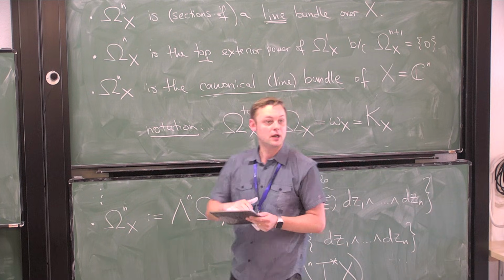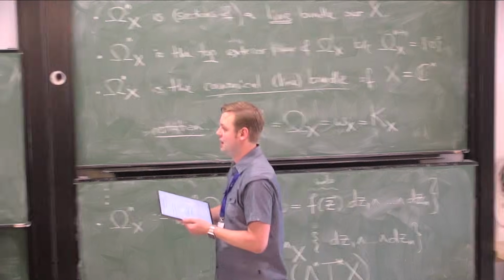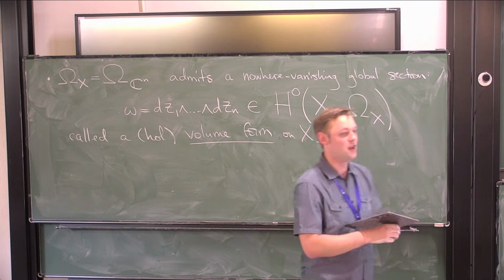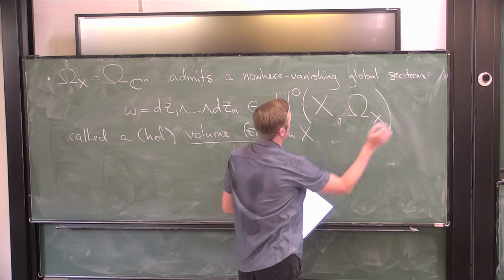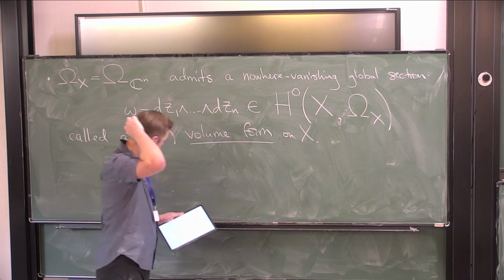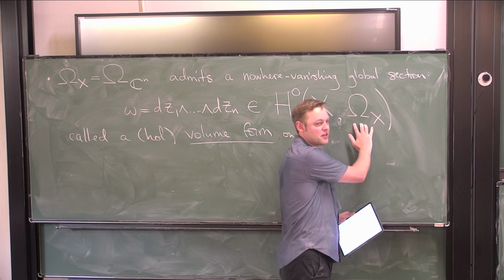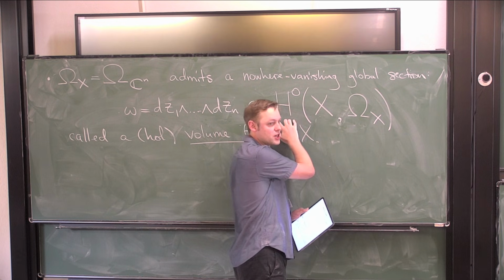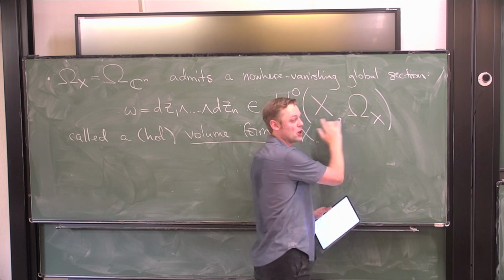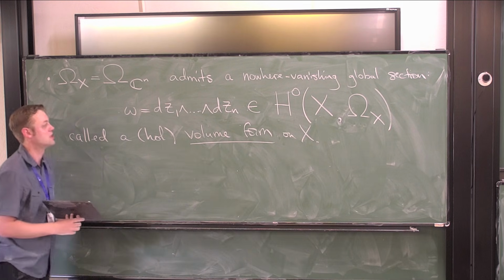Quick question. Is zero, like cohomology zero, wouldn't it make sense to be n? No, if you think of this as a sheaf of vector spaces, then it really is the zeroth cohomology of that sheaf, or the zeroth cohomology of X with values in that sheaf. So that's the explanation for the notation.